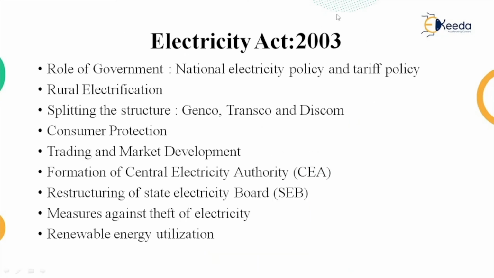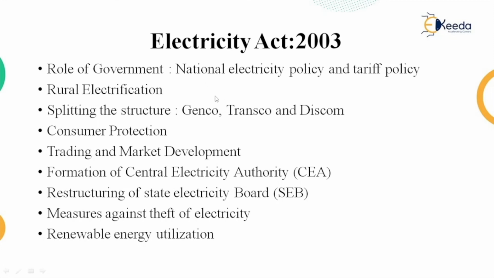Then the Electricity Act 2003 comes. In that, the role of government, the national electricity policy and the tariff policy will be enforced by the government. Then rural electrification, and splitting the structure, so that the total electricity board can be split into generation, transmission and distribution, to get efficient output from the electricity.